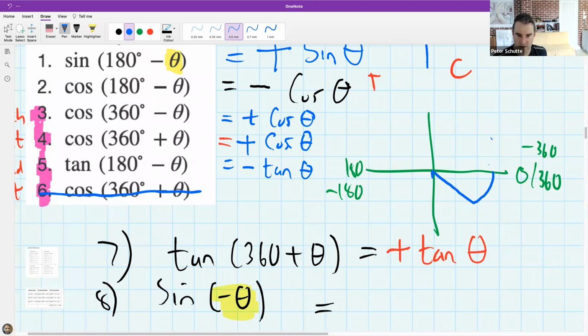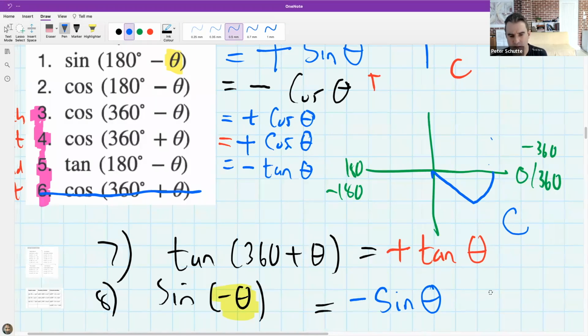So we ask ourselves, is sine positive or negative in this quadrant? In this quadrant 4, only cos is positive, so sine must be negative. And so the answer here would be minus sine theta.